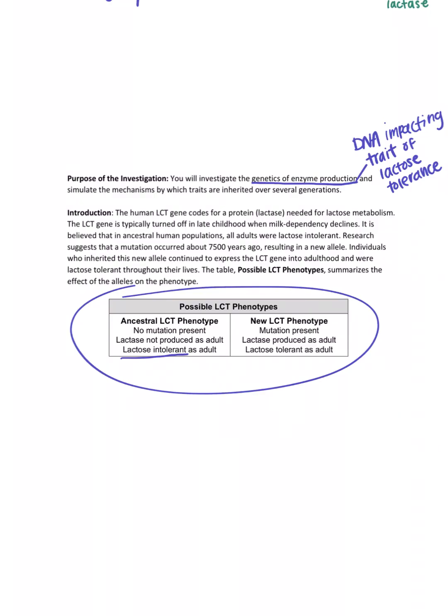That means not able to break down dairy products, compared to the new LCT phenotype, which is saying this is someone who had the mutation. They were able to produce lactase as an adult and therefore would be considered to be lactose tolerant.